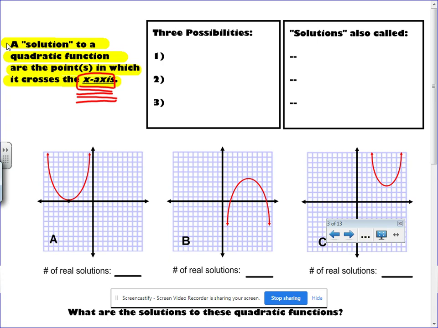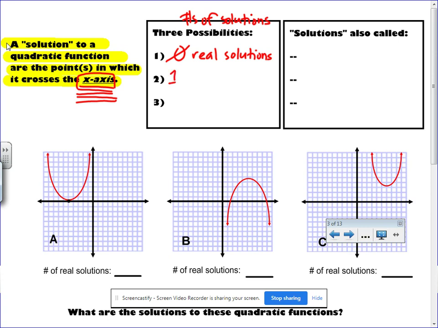So you have 3 possibilities for numbers of solutions. When you're looking at quadratic functions, you can either have no real solutions, and I say real because you can have imaginary ones, and you're like, imaginary stuff shouldn't exist in math. And I say, I know, but it does. Don't worry about it right now. That's an Algebra 2 thing.